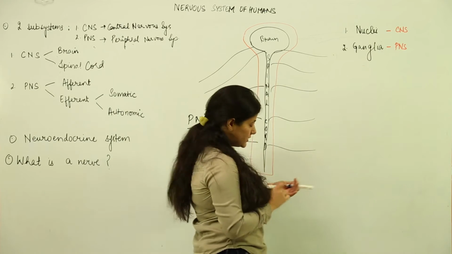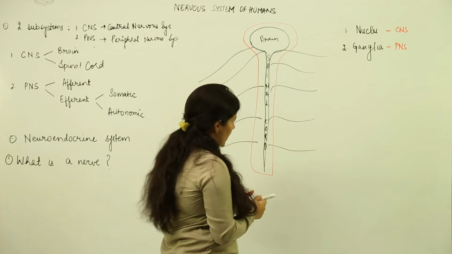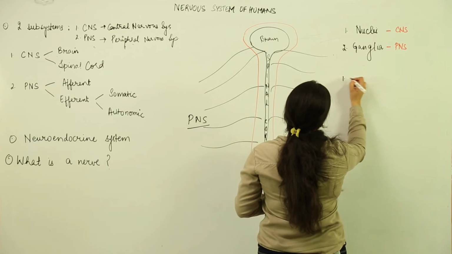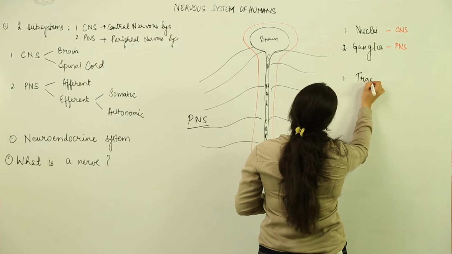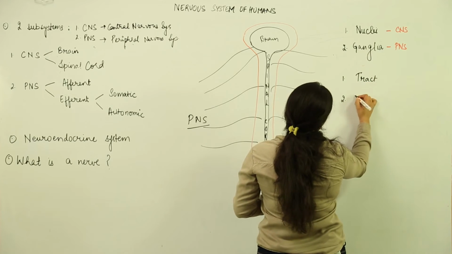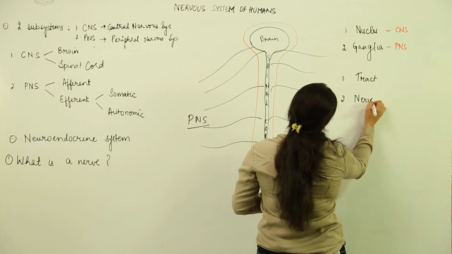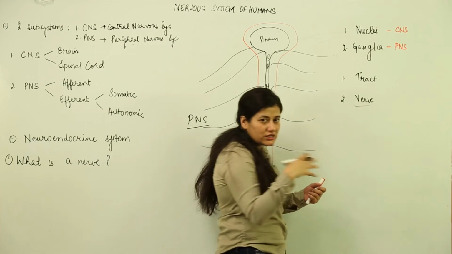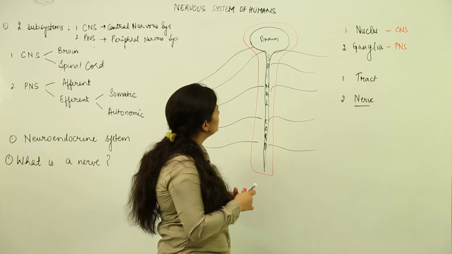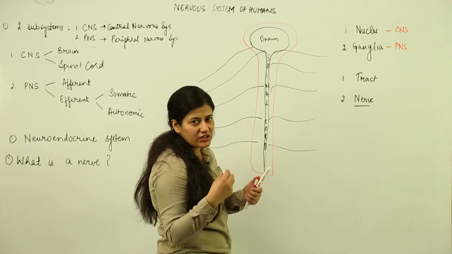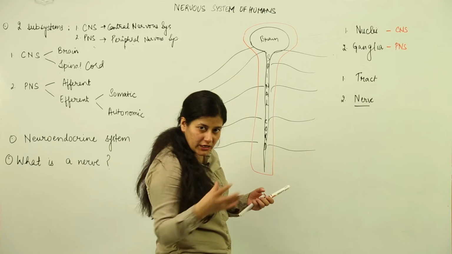One distinction is this. The other distinction is there are two more terms, one term is tract and the other term is nerve. Now we often use the term nerve in reference to the nervous system, like the nerves have been twitched or the nerve brings the signal.